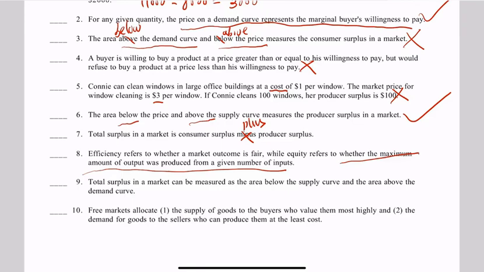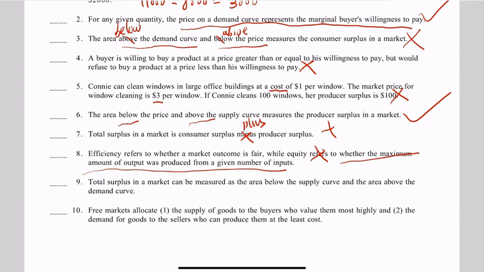And equity refers to whether a market outcome is fair. Basically, efficiency is like a positive statement, and equity is like a normative statement. If you care about fairness, if you want to make a judgment whether it's fair or not, then it's about equity. Right? So this statement here is not right.